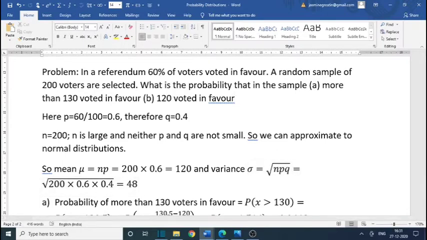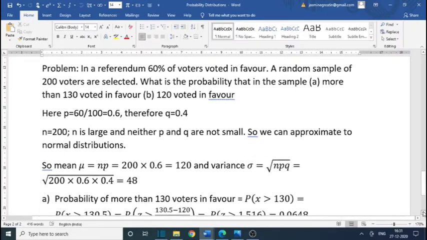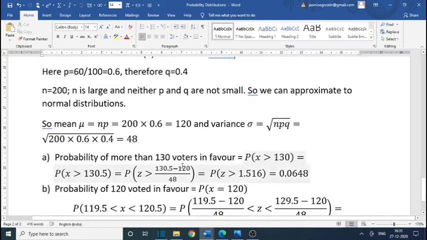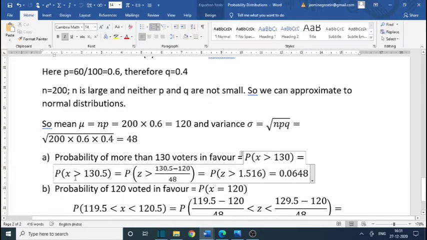So the first problem is the probability that more than 130 voters voted in favor. So which is probability of x greater than 130. We can convert the given distribution to standard normal, so that means probability of x greater than 130.5.